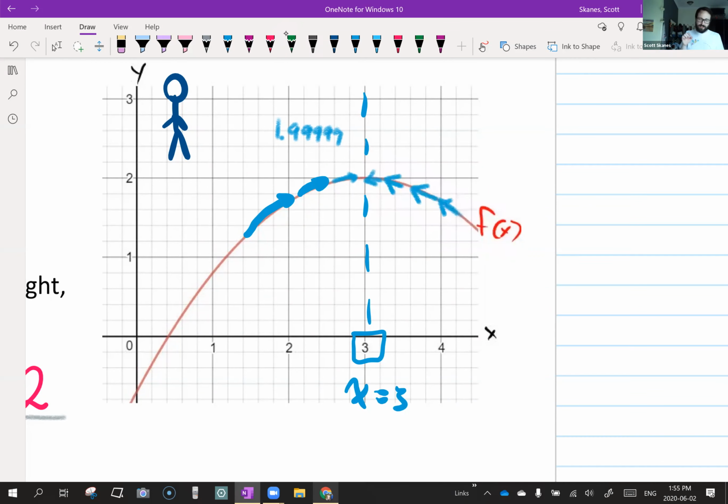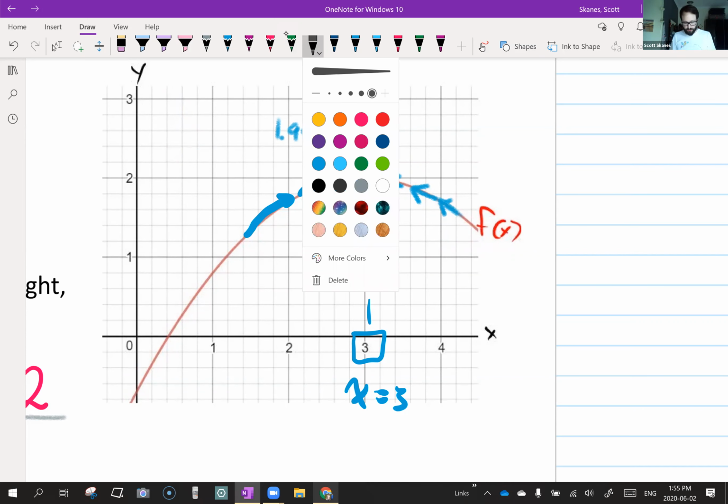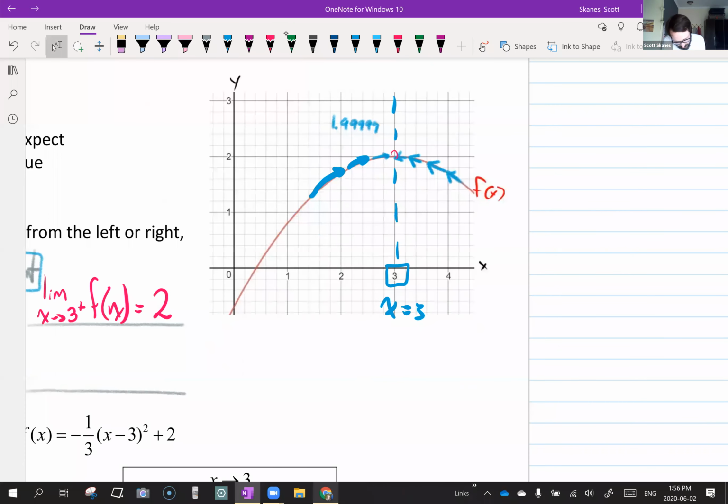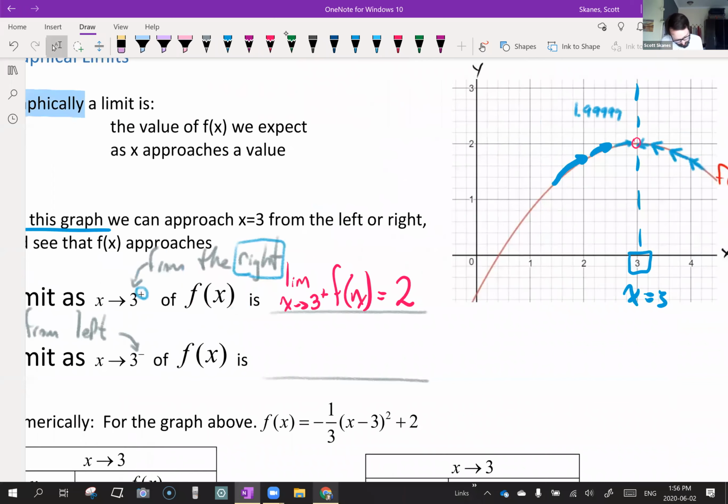Even though we were not allowed to get to x equals 3, we can still say the function value is trying to be 2. And this is a weird idea, I get that. It will become more clear as we go through this, but for now you'll just have to take it as truth. So it's like we're not allowed to touch that value, but we're allowed to get close to it. So the limit as x approaches 3 from the left of this function that we've been given is also 2.